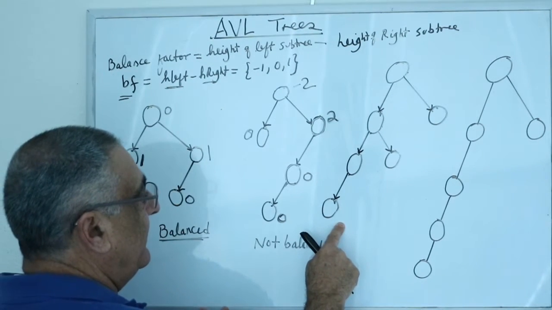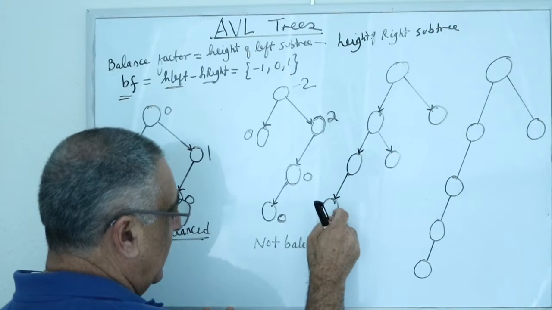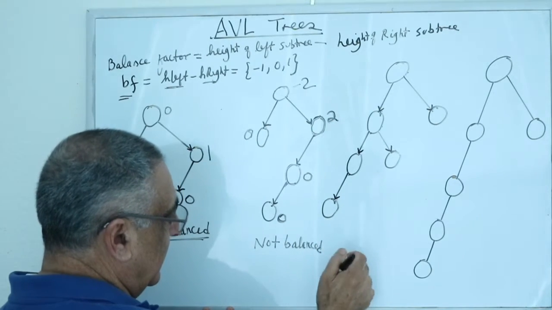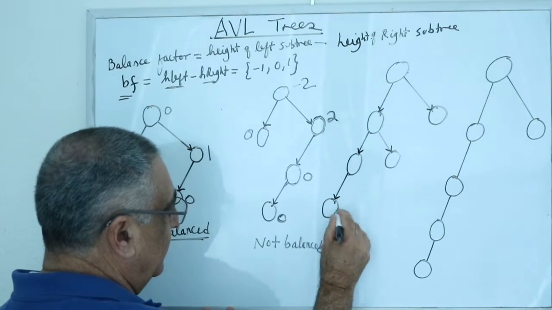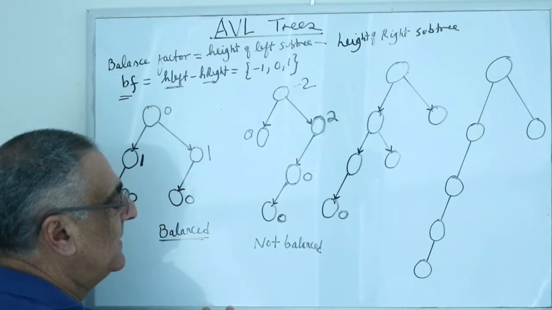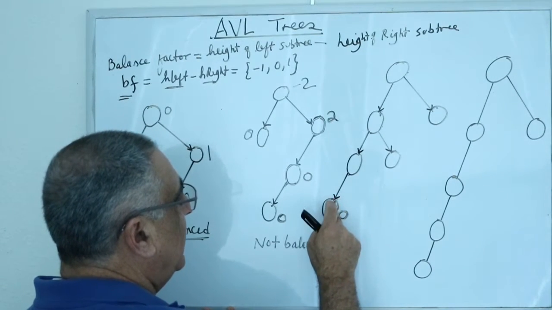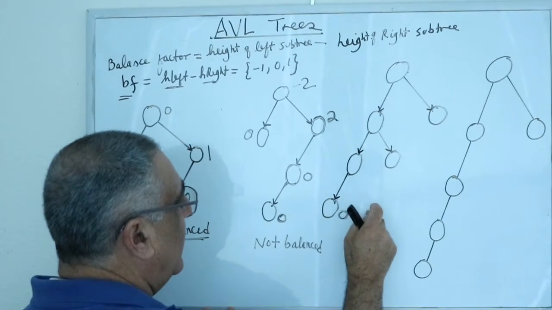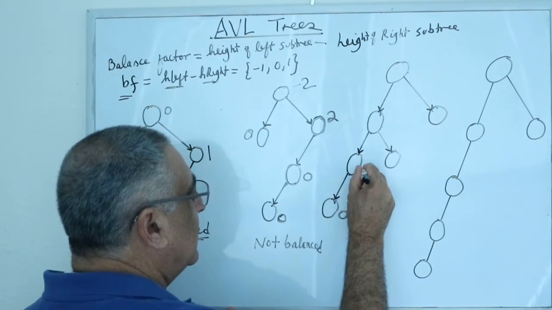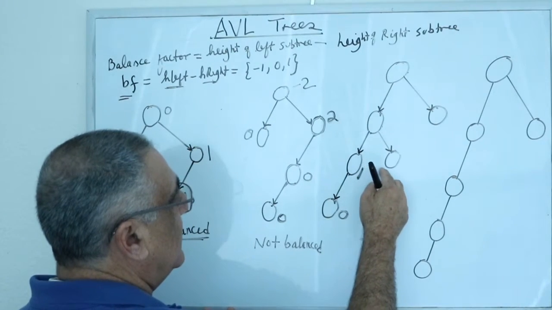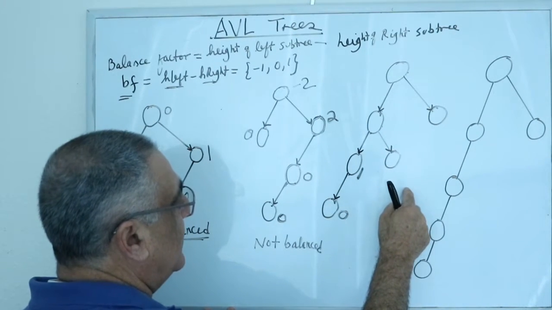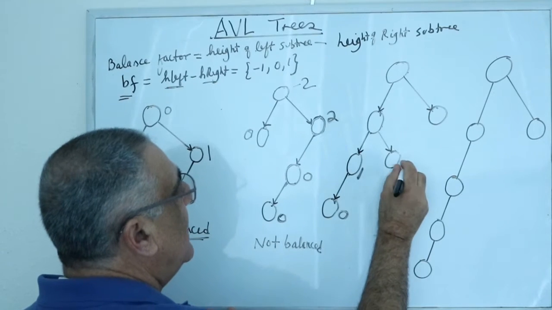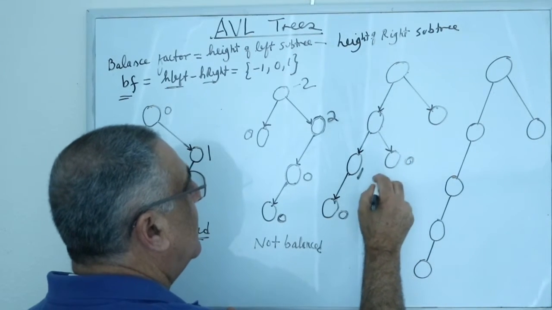Let's look at this one. This here gives me left subtree 0, right subtree 0, so 0 minus 0 is 0. Left subtree is 1, right subtree is 0, so 1 minus 0 is 1. Now this again, both are zeros, so that gives me a 0.